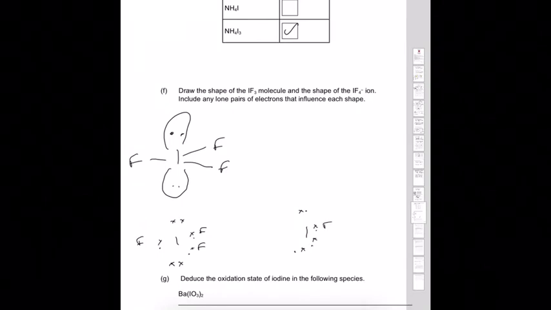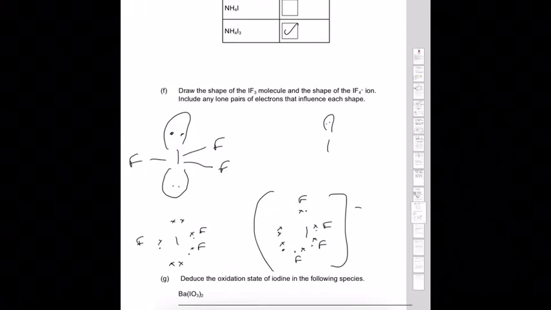So if we work out the pairs of electrons here, we've got 4 pairs of bonding electrons and 2 pairs of non-bonding electrons. So therefore that would probably have a square planar orientation. That should be in a bracket with a -1.